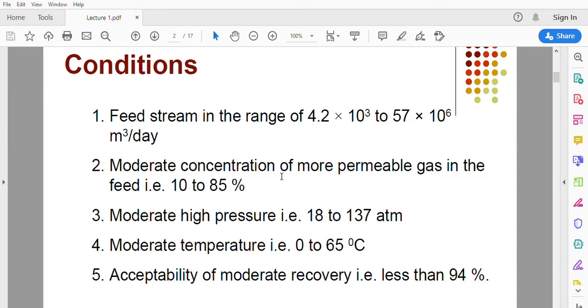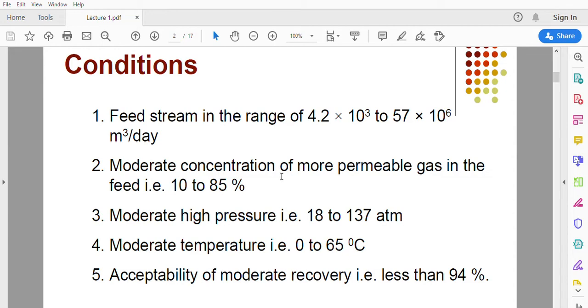Next is moderate to high pressure. The pressure of the gas should be in the range of 18 to 137 atmospheres. Why? Because in this process the pressure acts as the driving force. I have already told you that gas separation is a pressure driven process. So here the driving force is the partial pressure of the different species.